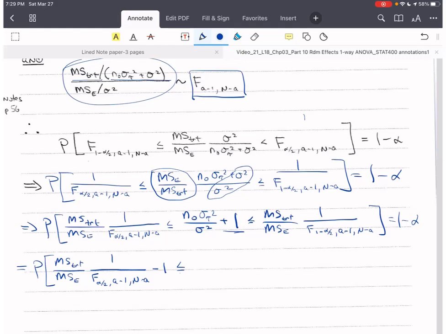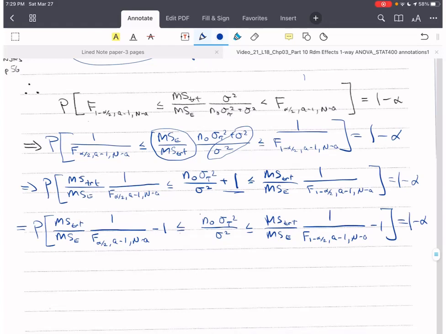And then in the middle I have n naught sigma tau squared over sigma squared, and then I have MSTRT over MSE, and 1 over f of 1 minus alpha over 2, a minus 1, n minus a, minus 1, and that probability is equal to 1 minus alpha.